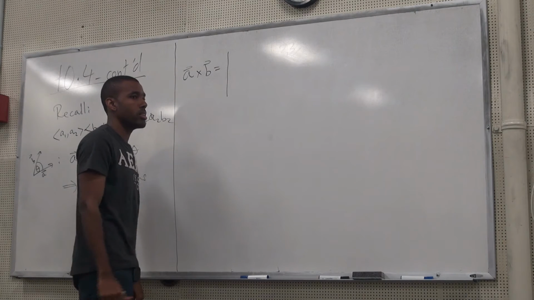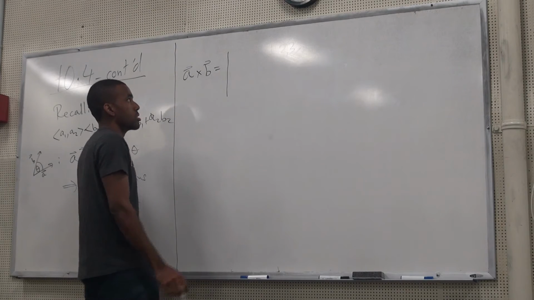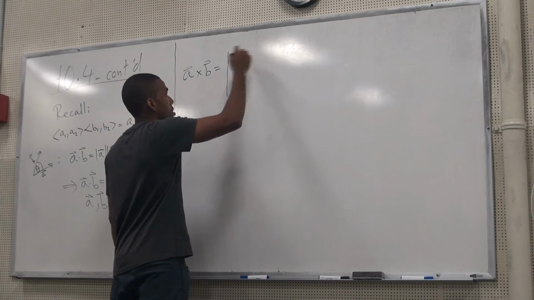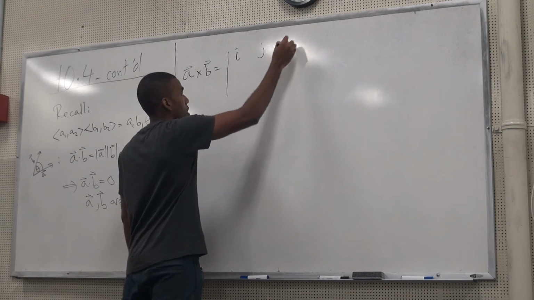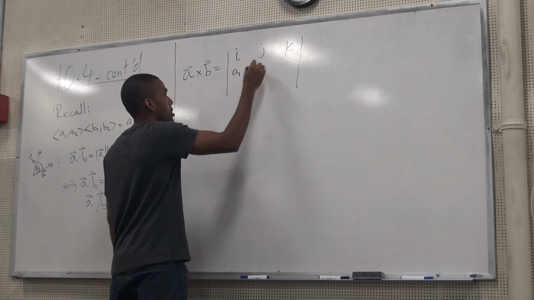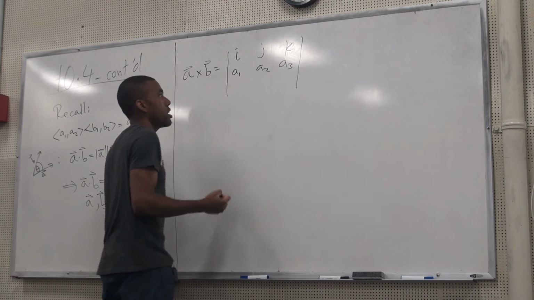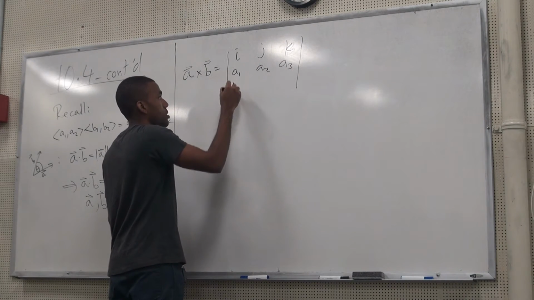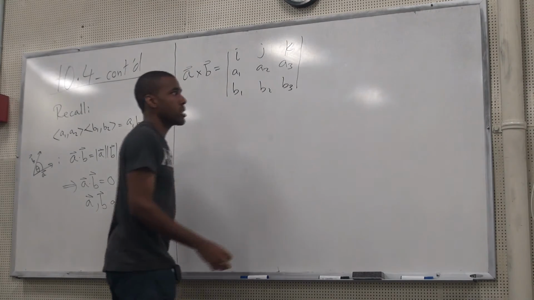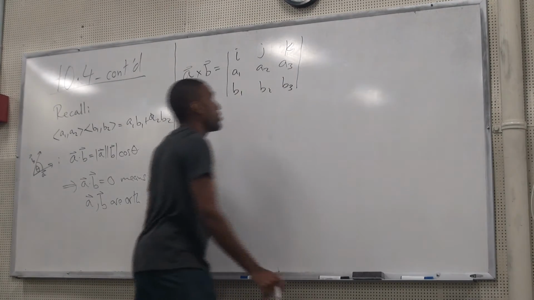How it's actually defined. What goes along the first row? I, J, K. What's the second row? You put the vector A along the second row. And this one? Right? You do that determinant thing that we learned last time, and you get this huge long formula that no one's going to remember.